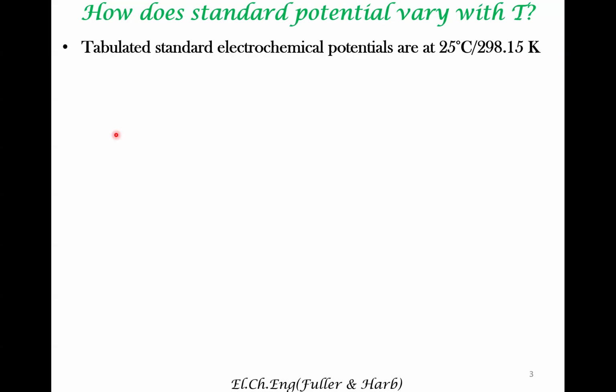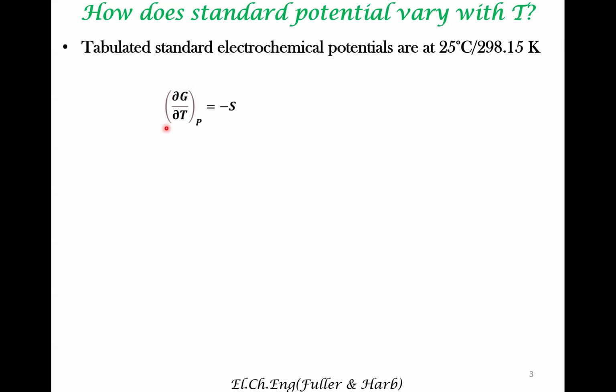The first reason is the variation of standard potential because of the variation in temperature. We have standard electrochemical potentials usually given at a particular temperature and pressure. But when you want to understand how temperature affects the standard potential, the way to think about that is to think through the free energy changes.